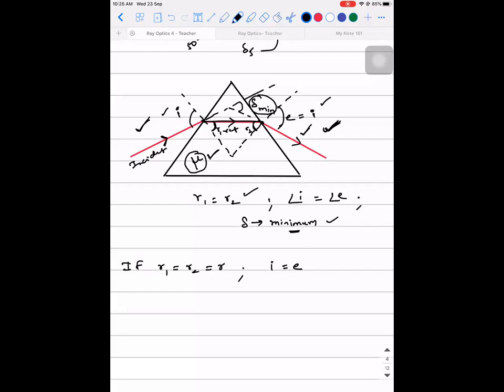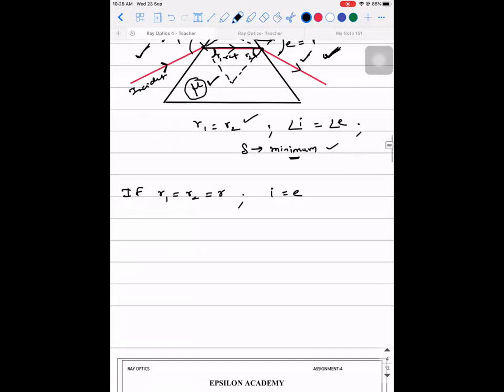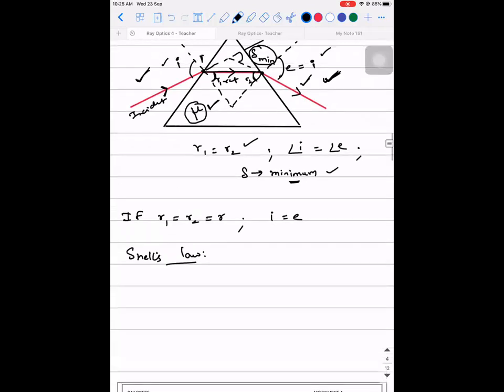What is the mathematical relation that is going to give us an explanation between the refractive indices and the angles? Snell's law. Yes. So when I apply Snell's law, at which boundary? You can apply it at any boundary.